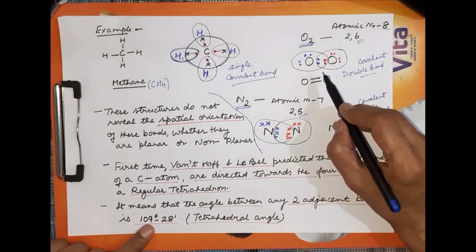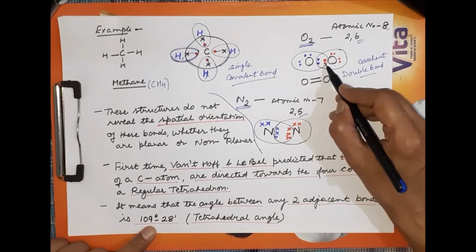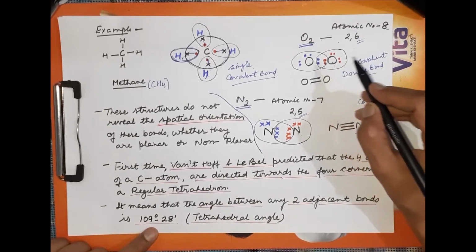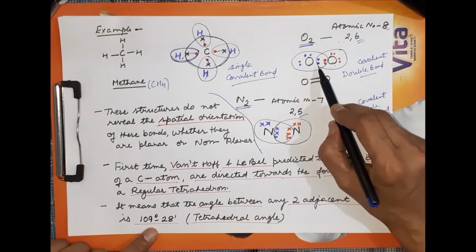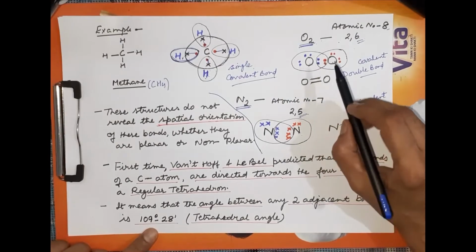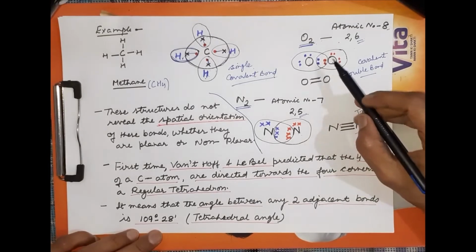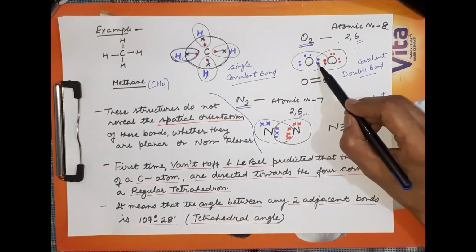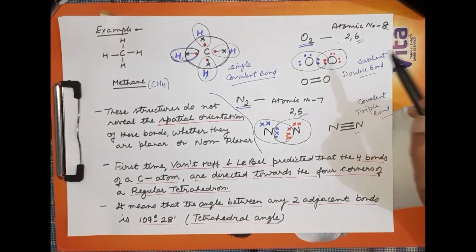So how will it happen? This oxygen atom will share 2 electrons from the other oxygen atom. In this way, its octet will be complete. In the same way, the other oxygen atom also shares 2 electrons from this oxygen and its octet is also complete.